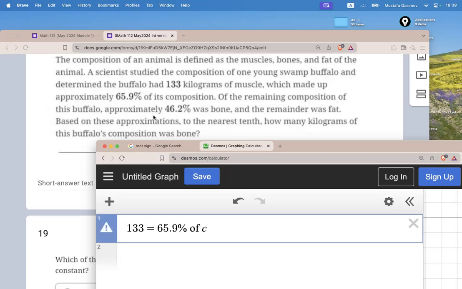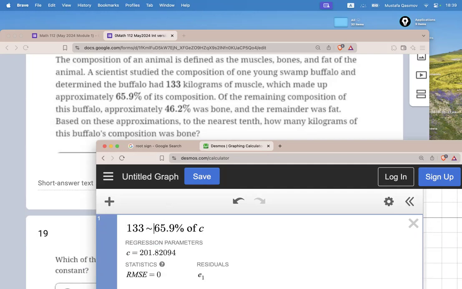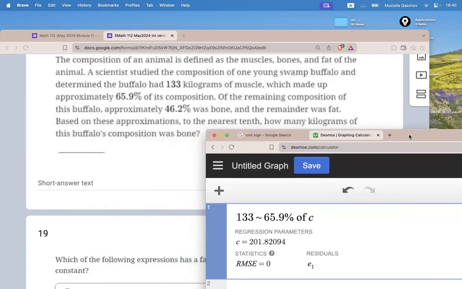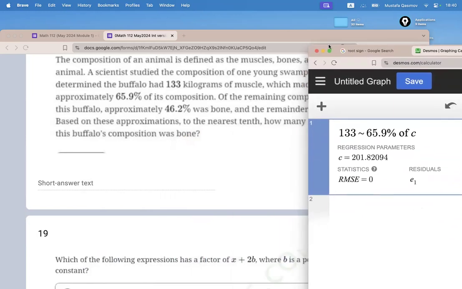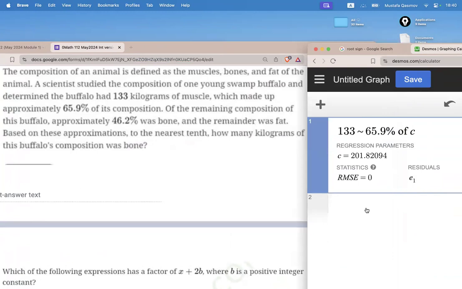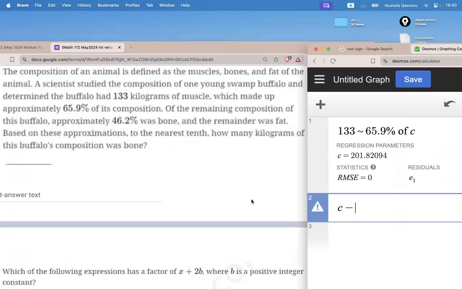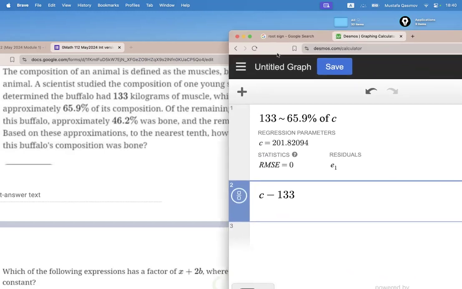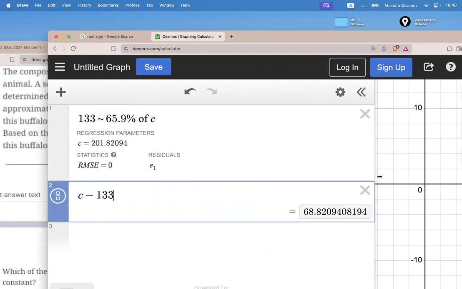Let's say C, and we have to find C from here. So this C will be the total mass of this animal. The remaining composition will be C minus 133, so it will be equal to 68.82.